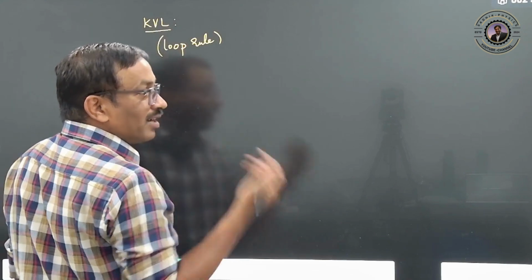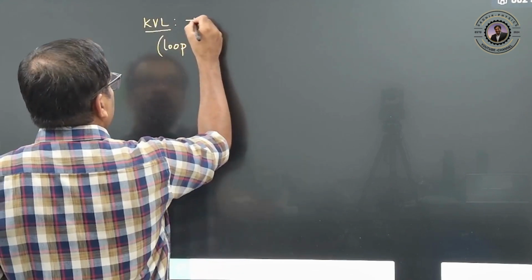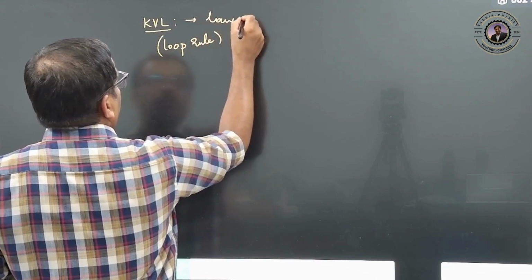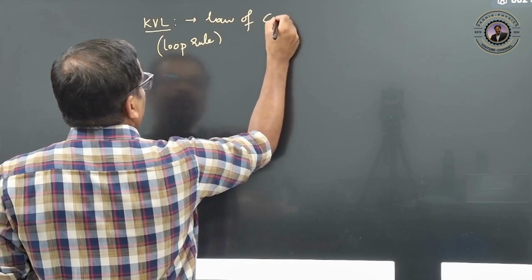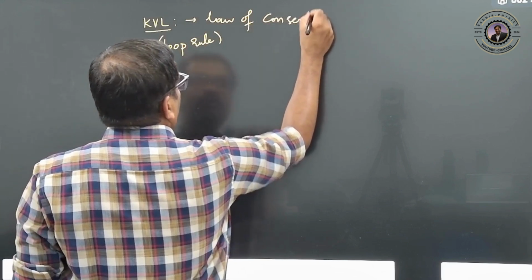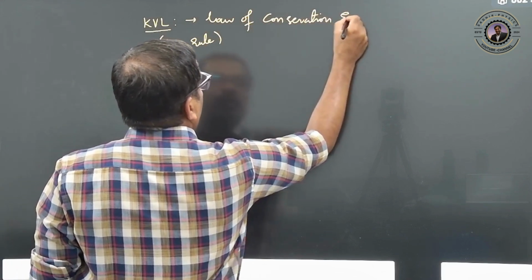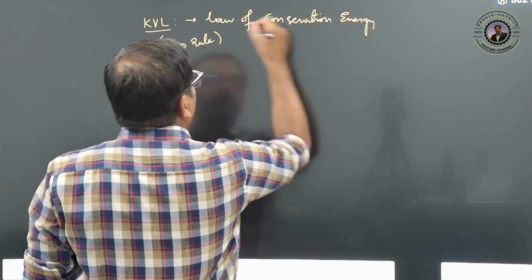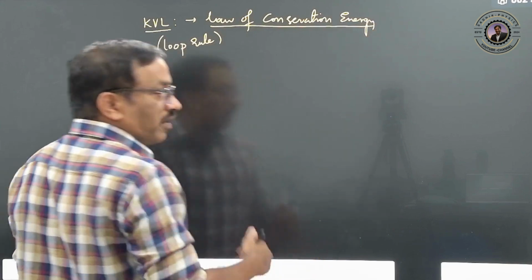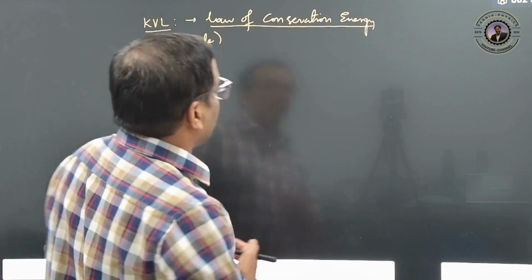Potential is nothing but work done per unit charge, so this is based on the law of conservation of energy, also sometimes rewritten as conservation of the electric field.